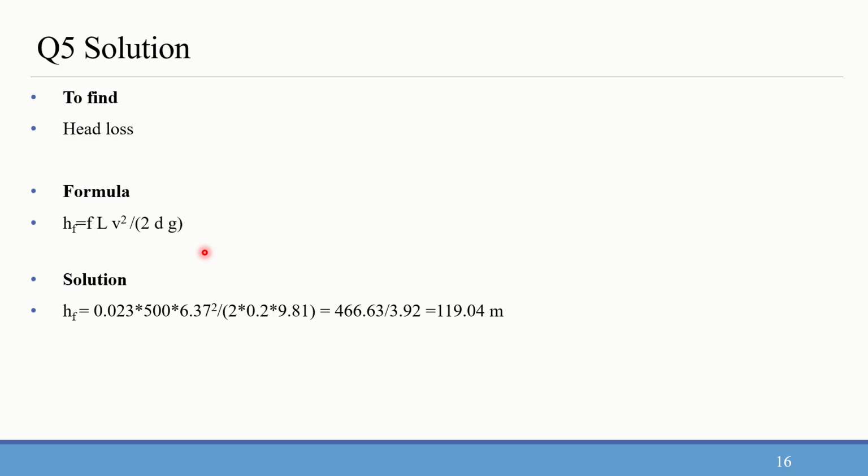So we got 3.924 in the denominator, and in the numerator 0.023 into 500 into 6.37 squared. So it is 466.63 divided by 3.92, which gives us 119.039 meters. So that is the head loss, and hf is 119.04 meters.